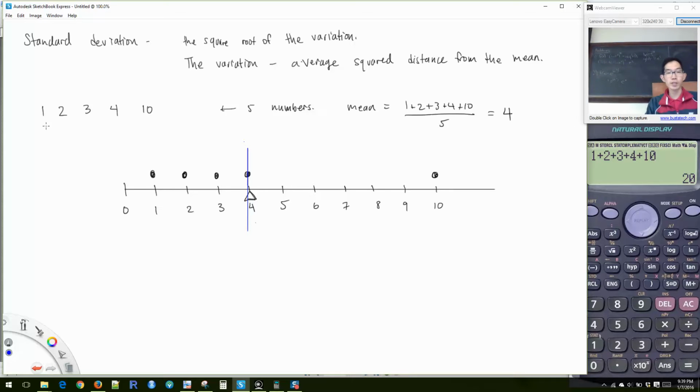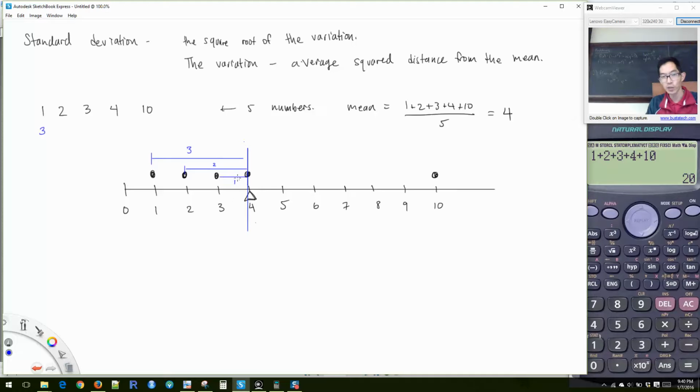Then we can ask each number, how far are you from the mean? Basically I can just subtract 4. How far is 1 from the mean? It's 3 units away. How far is 2 from the mean? It's 2 units away. How far is 3?